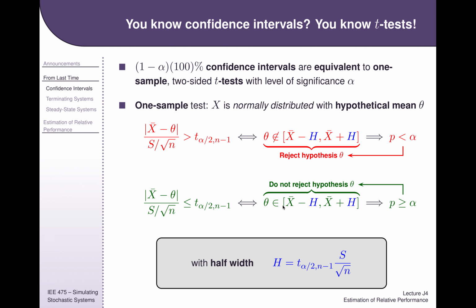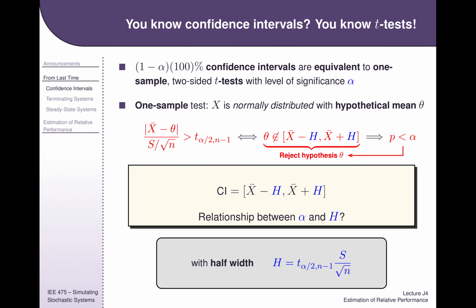So if you've drawn a confidence interval and I ask you about hypotheses, without doing any other calculations, you at least know whether it's less than alpha or greater than or equal to alpha. So that's an important thing: if I give you a confidence interval, you should be able to estimate the p-value, at least in terms of alpha.